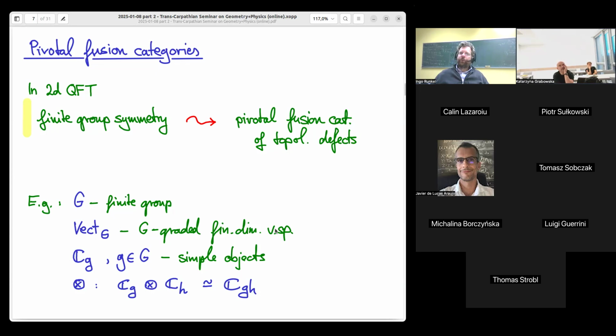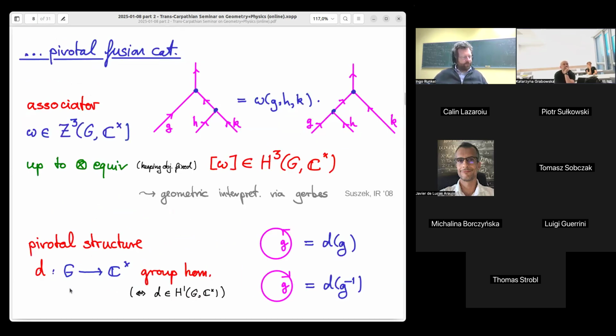Right, so I've now started to produce, given an input of a finite group, a fusion category. I've given this finitely semisimple category with these simple objects, and I've described for you a tensor product. But there's more information there, which is something Rafa said in the very beginning, that in a tensor category you also have an associator, which tells you how you reconnect.